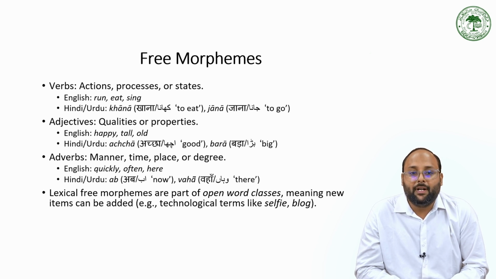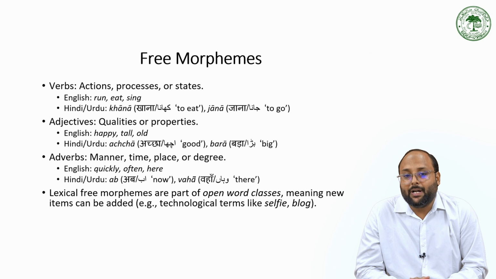We have examples of adjectives like happy, tall, old, and acha, bada. We have examples of adverbs like quickly, often, here. In Urdu, we have ab, waha. All these morphemes come under the lexical morpheme in Hindi, Urdu, or English.